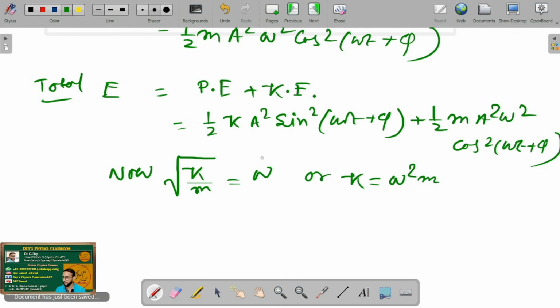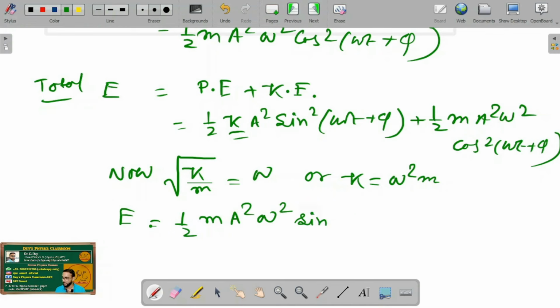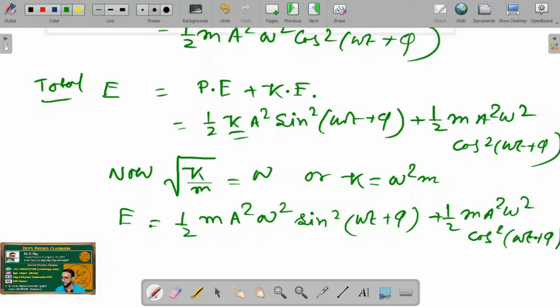If we put the value of k here, we will get E equal to half m a square omega square sin square of omega t plus phi plus half m a square omega square cos square of omega t plus phi.